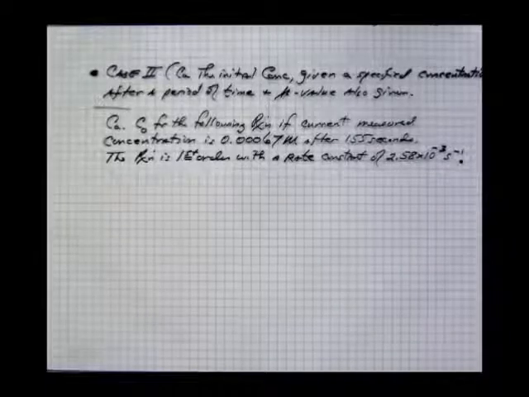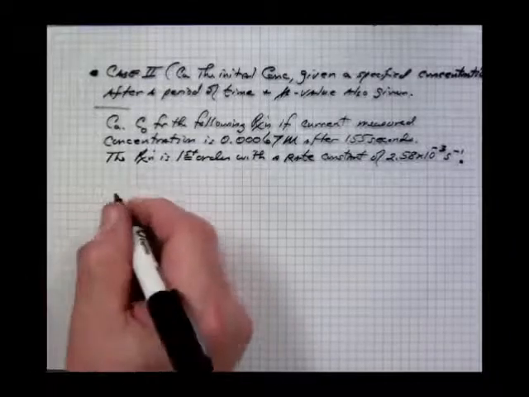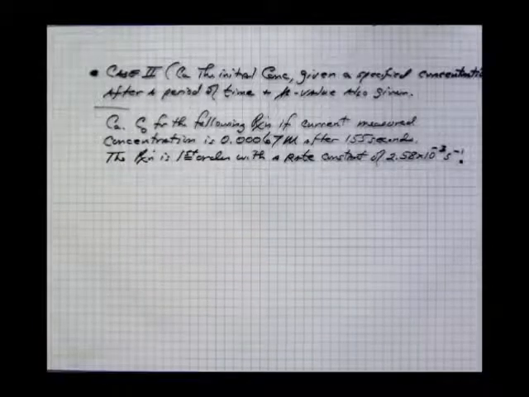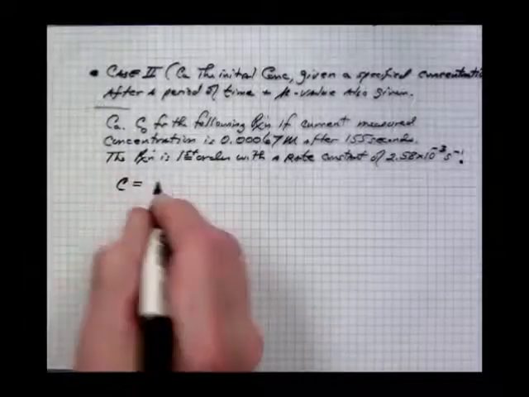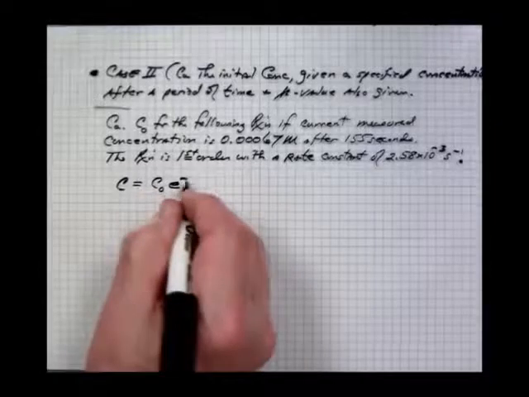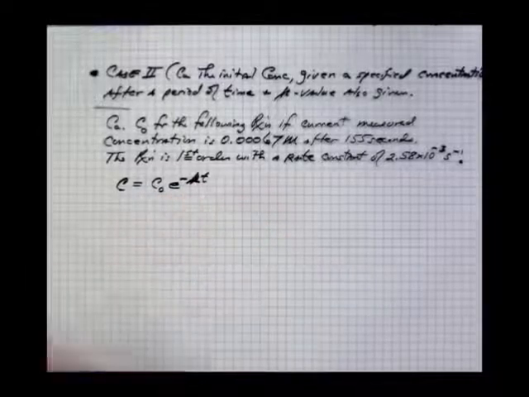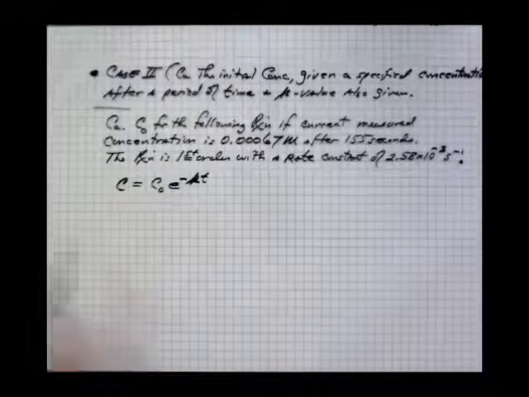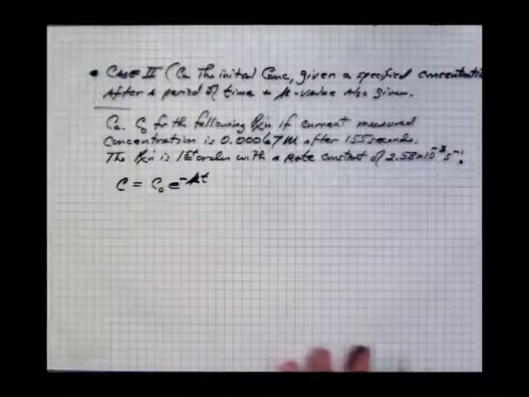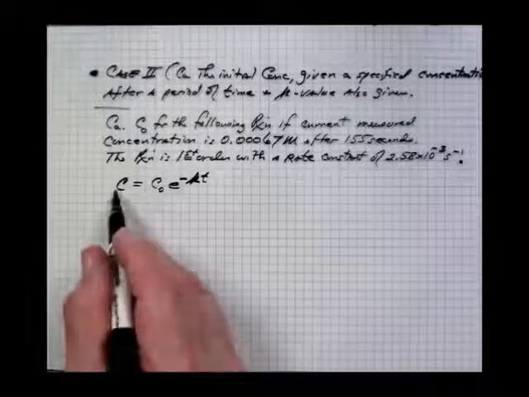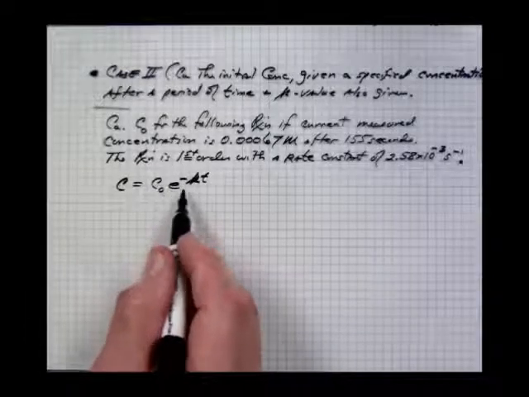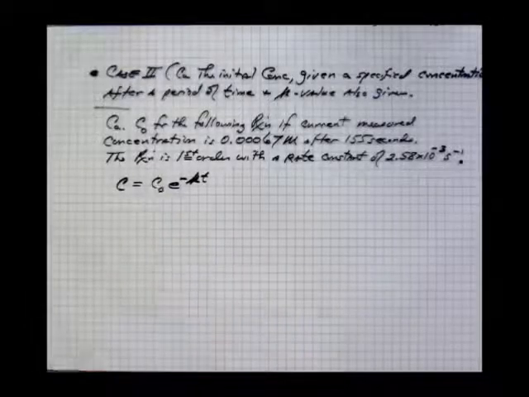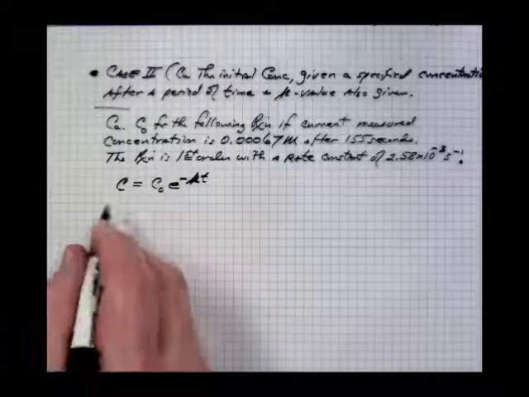So using the decay equation, C equals C sub 0 e to the minus kt. Our objective, of course, is C sub 0. What I'll do is substitute, and of course you can go ahead and solve this for C sub 0 as C over e to the minus kt, substitute your numbers, and then come out with C sub 0. I'm going to set it up here first.